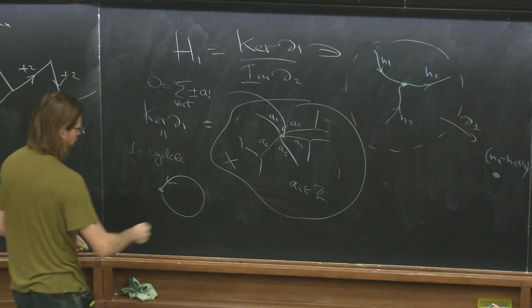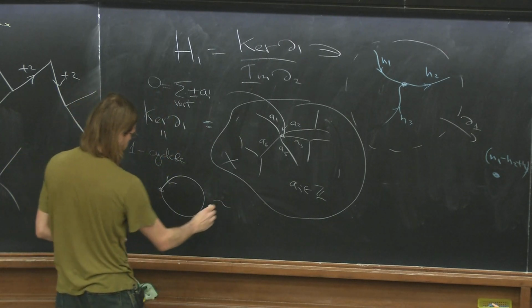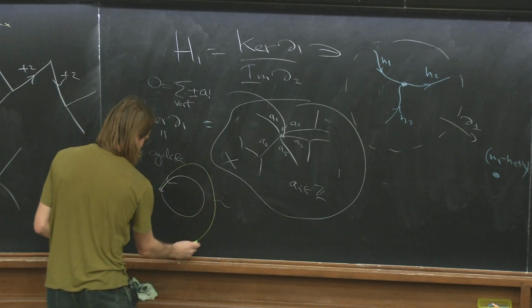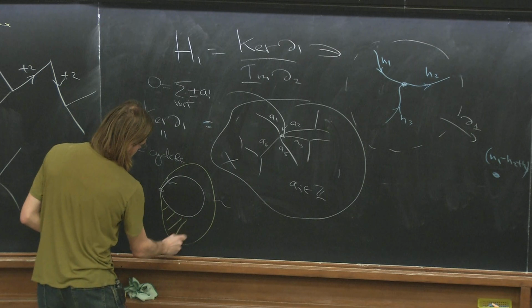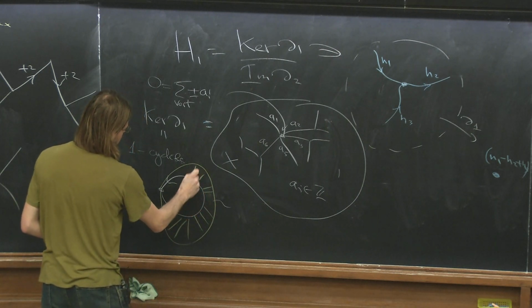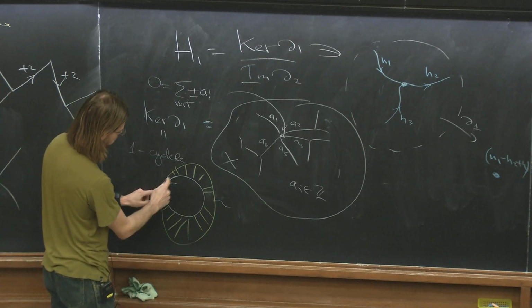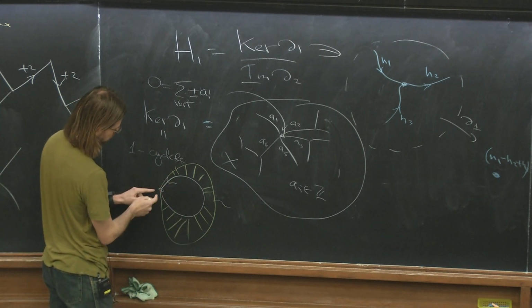And again, you can always modify it if you can find some sort of a disk like this. So you split the boundary of this disk into two parts.